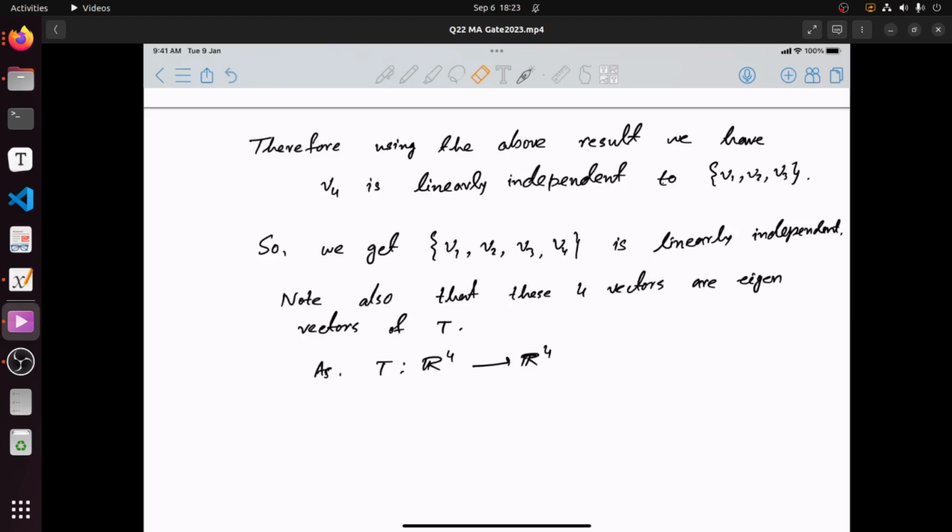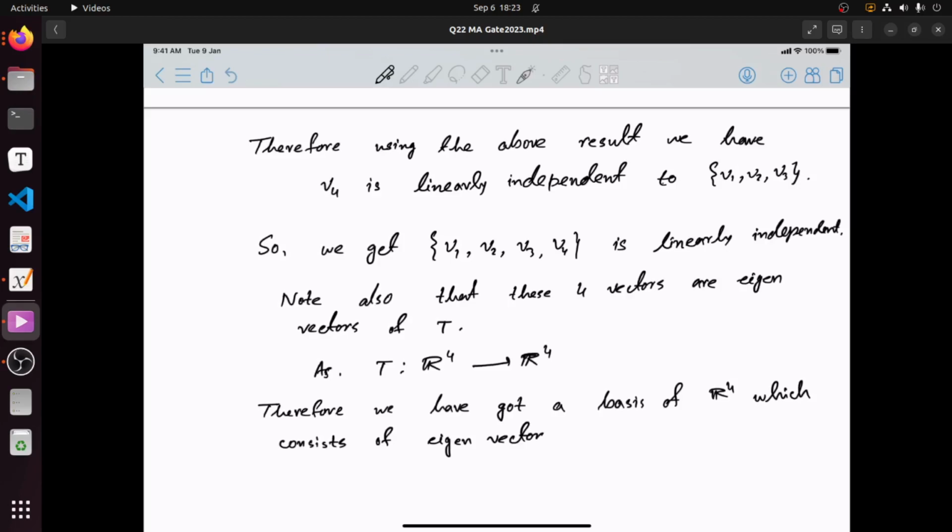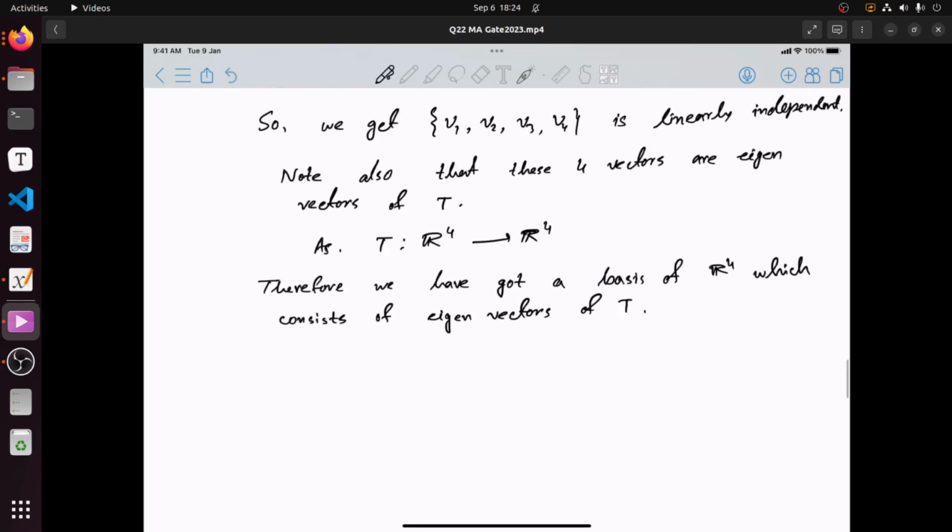So we have got a basis of R4 which consists of eigenvectors of T. So from here we can use one result: the operator T is diagonalizable.